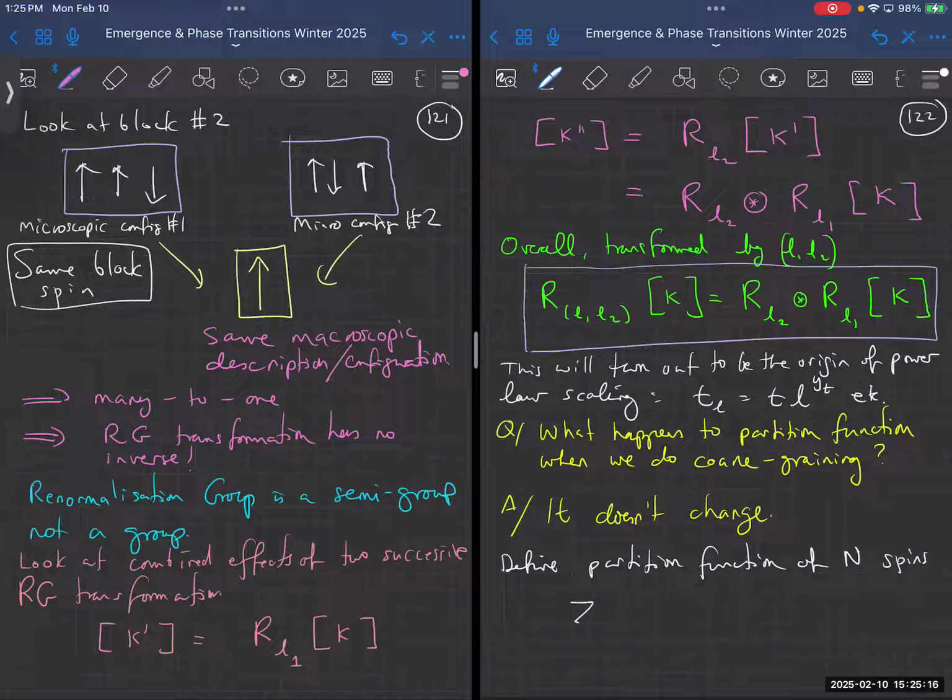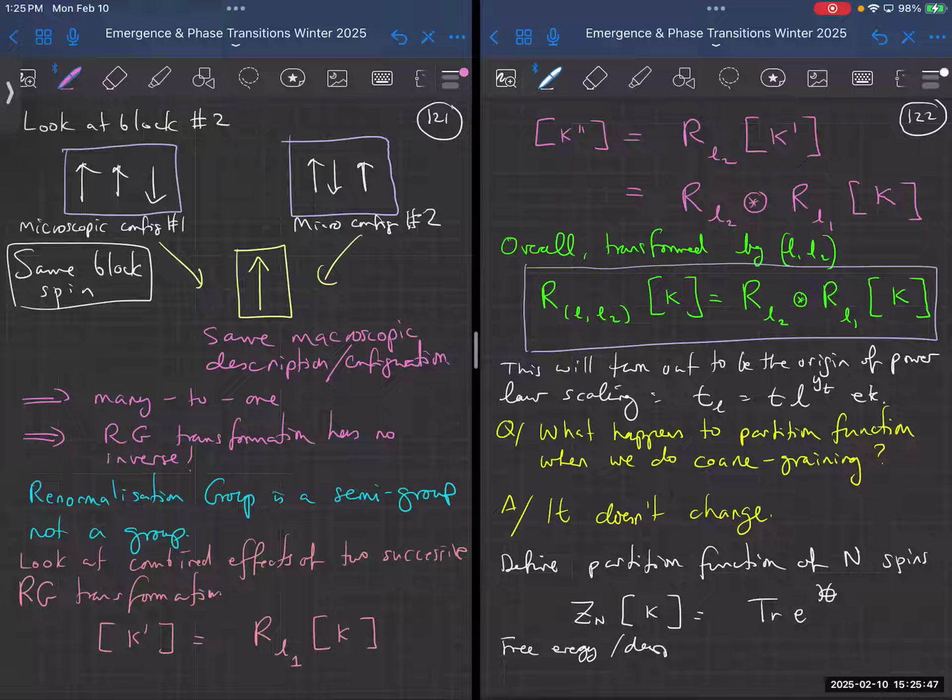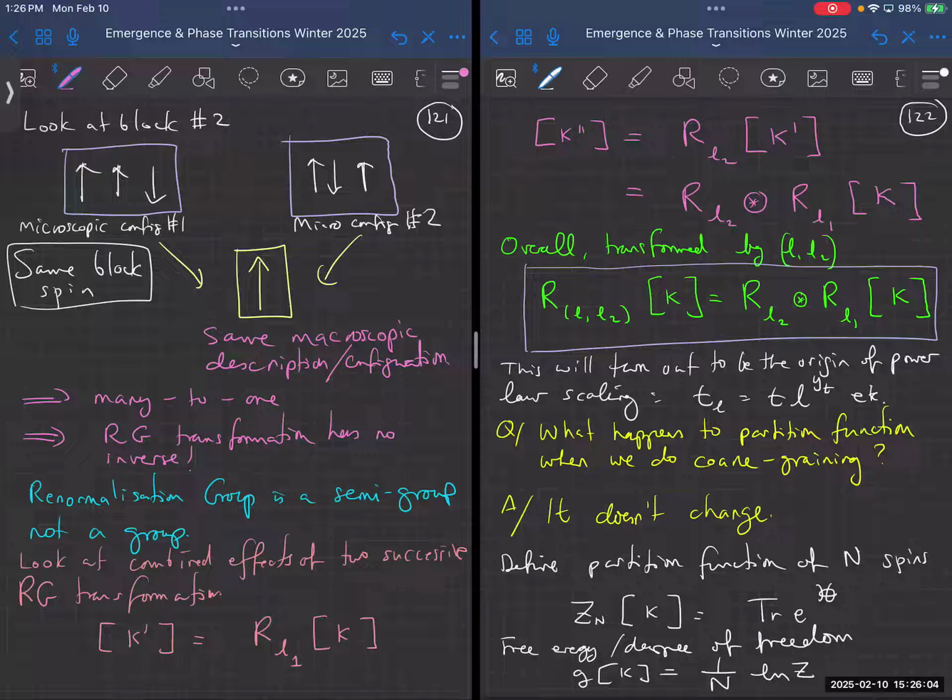I'm going to call it Z_n, and it's going to depend on all the coupling constants, whatever they are, and it's the trace of e to the H. Now remember, my H is really what we used to call minus beta H. So I've absorbed the factor of minus 1 over kT into this just to make it easy, and then I'm going to define the free energy per degree of freedom to be, I'll call that G, and that's 1 over n times the logarithm of Z_n.